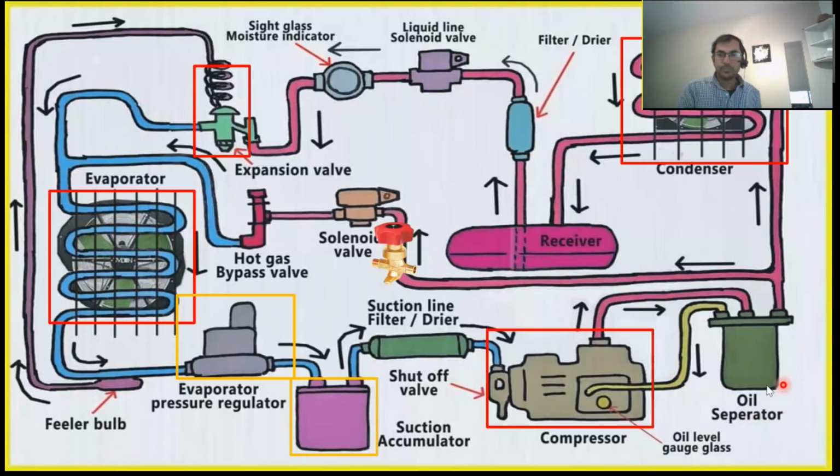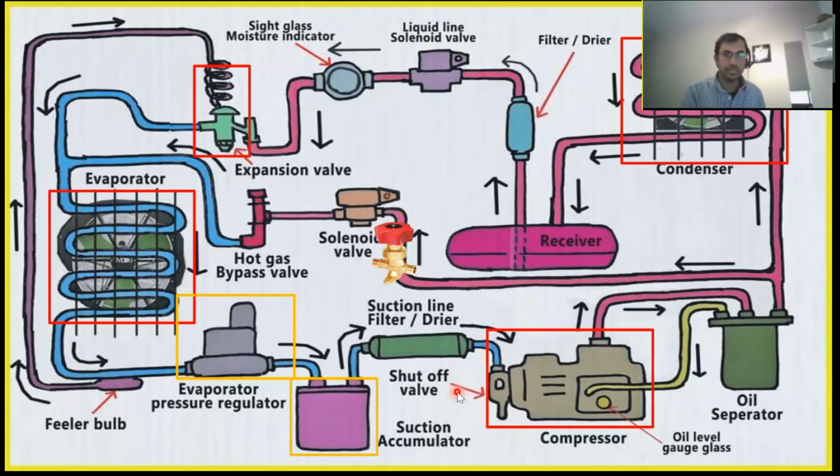And there will be an oil separator, so that the oil will be separated, because the compressor will have an oil arrangement, oil tank, oil pump, all these things will be there. So there will be some oil, so the oil will be separated, and this is the liquid line solenoid valve, and these are the startup valves for the compressor.